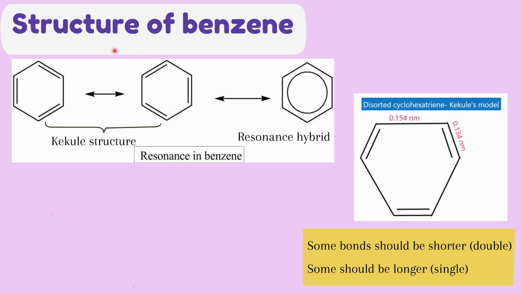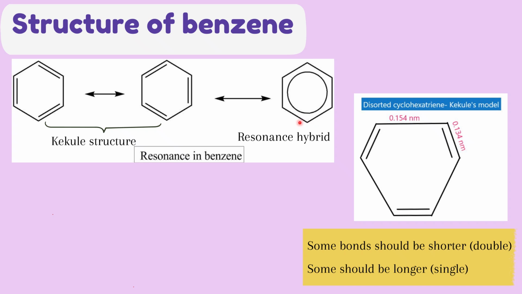This particular effect is called the resonance effect, and these two structures are called Kekulé structures. Since these pi electrons are continuously delocalizing inside the benzene ring, we can draw a circle inside the benzene ring to show this. You can even draw a dotted circle instead of a full circle, it's up to you. This particular structure is called the resonance hybrid, and it is the most stable structure of the benzene ring.